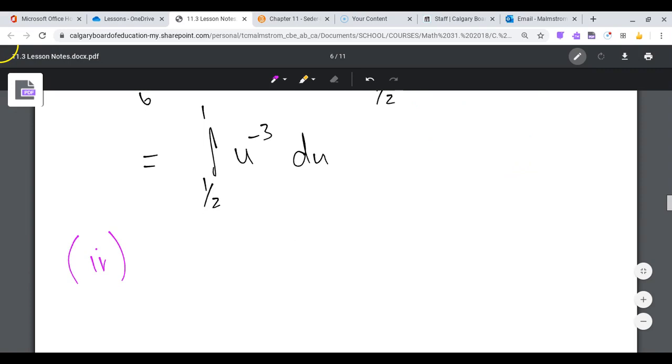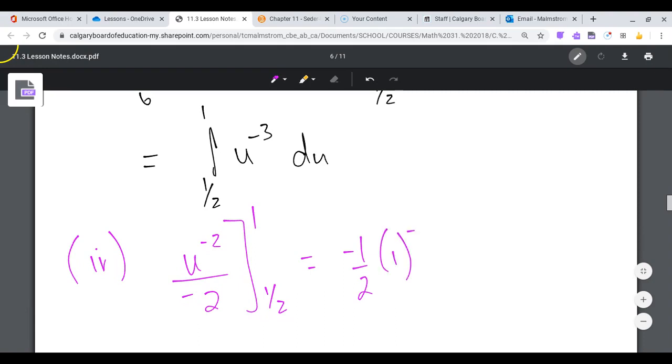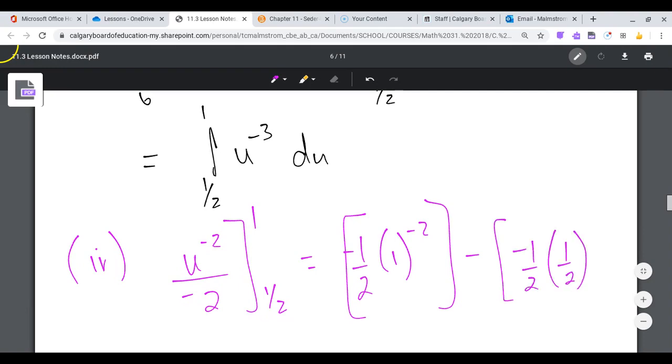So the integral of u to the -3 would be u to the -2 on -2. And I'm going to evaluate that from 1/2 to 1. So I have -1/2 times 1 to the -2, subtract -1/2 times 1/2 to the power of -2.